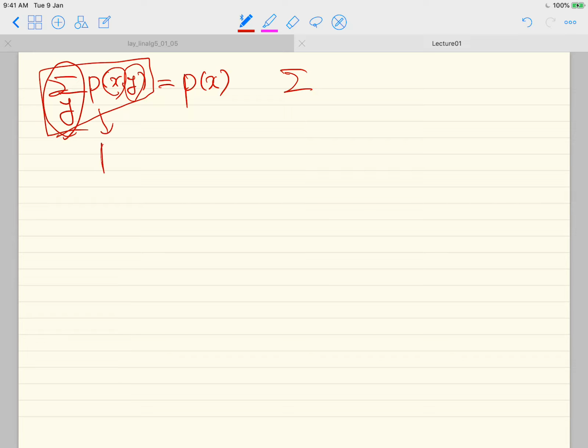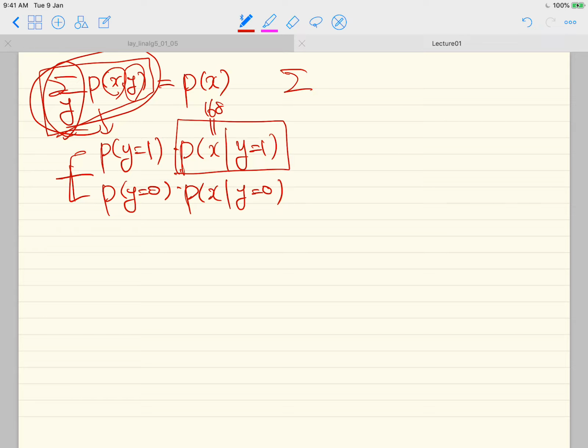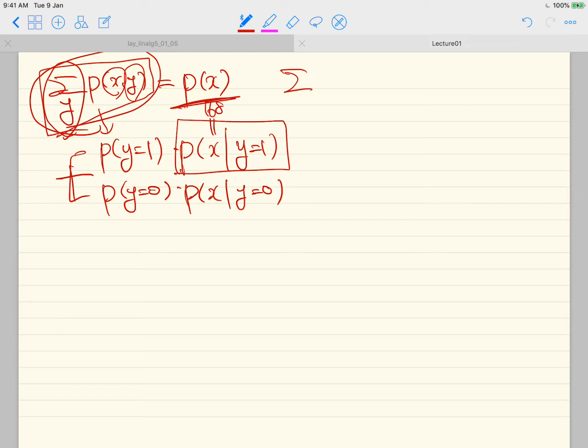And then what is the probability of seeing one, and given that, what is the probability of observing x as 168, and so on, right? I'm just rewriting it, and then we add them up, and then it is this guy, and this is actually defined as our marginal distribution, right?